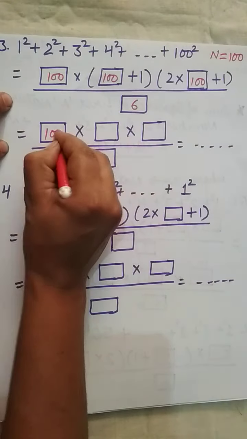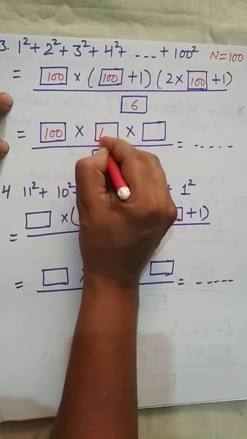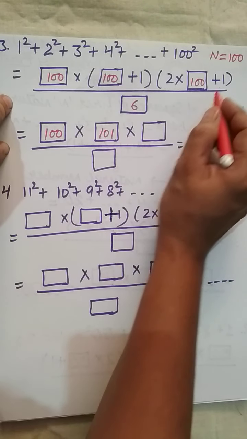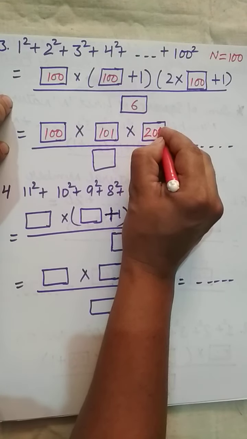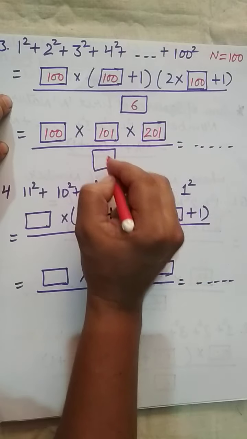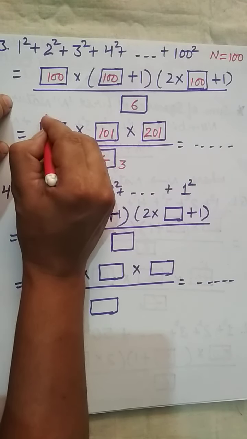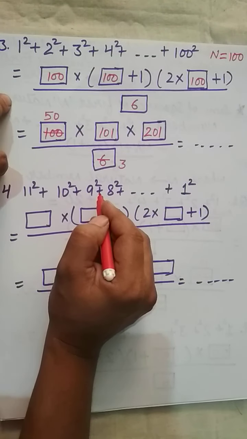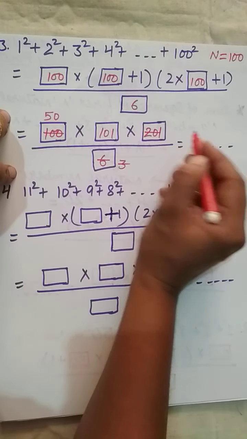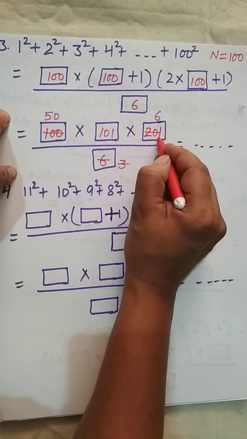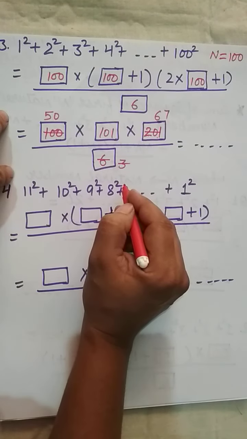Now this is 100. This is 100 plus 1 is 101. 2 multiplied by 100 is 200 plus 1 is 201. Here I have 6. Now do the simplifications. 3 2s are 6. 50 2s are 100. 3 67s are 201.